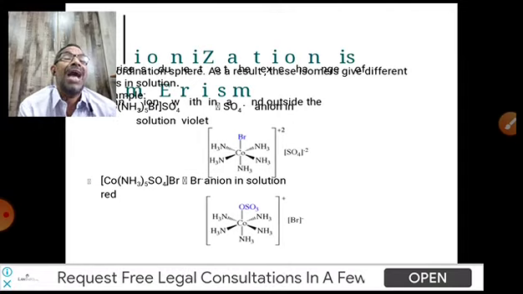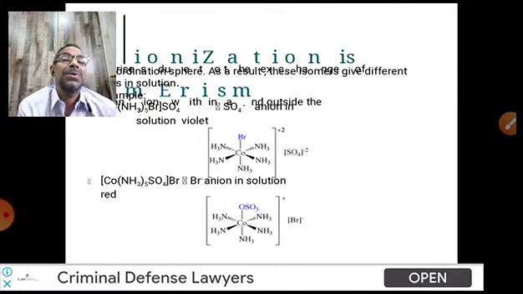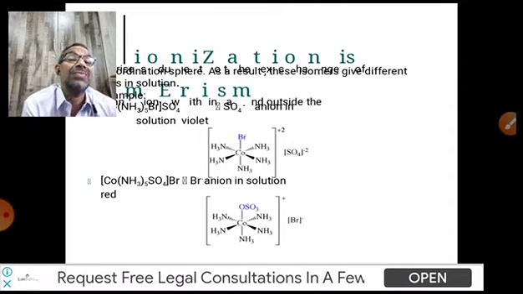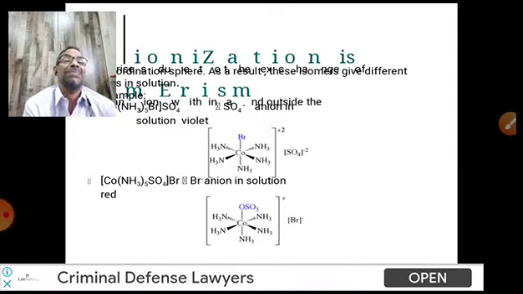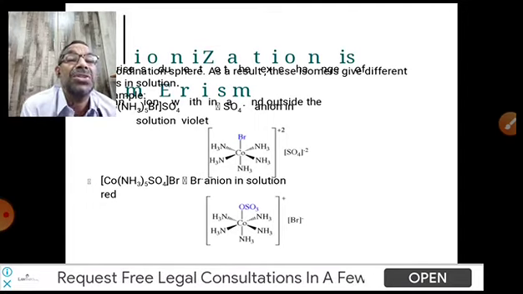That is ionization isomerism. The groups satisfying the primary valency are changing. That is important. We will discuss it with an example.